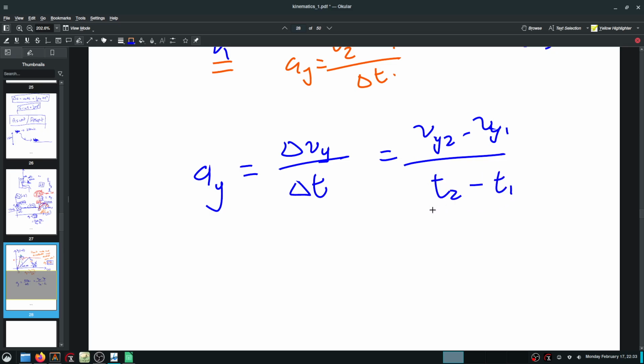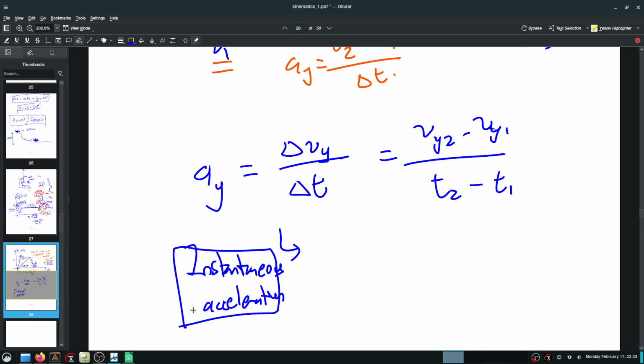This is your gradient formula. However, if you want the instantaneous acceleration, this is what you're probably more interested in. If you want to prevent a very bumpy ride, you are more interested in this instantaneous acceleration. What you do is you take this delta t and make it as small as possible. Even better, close it up to 0.